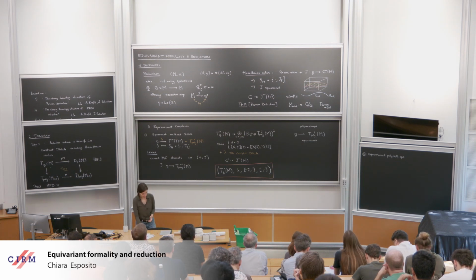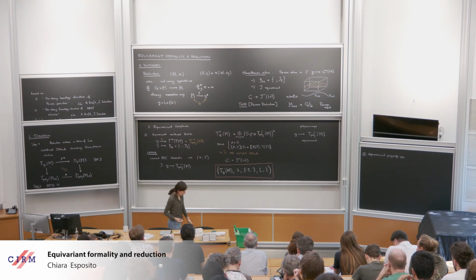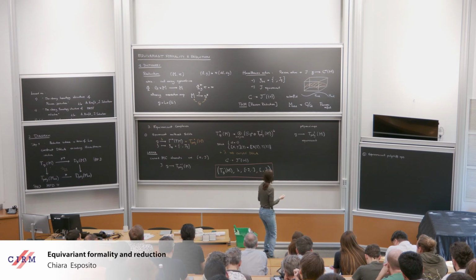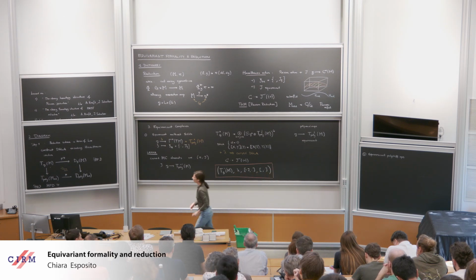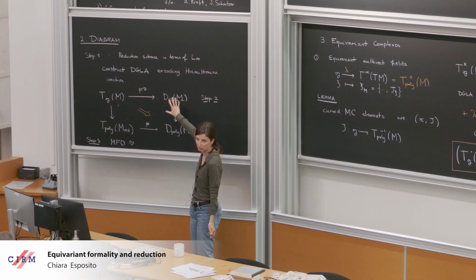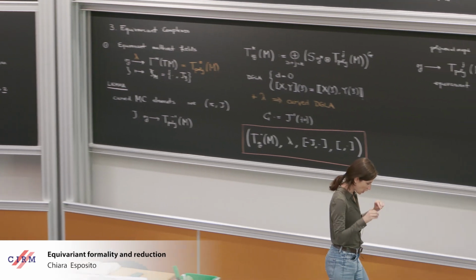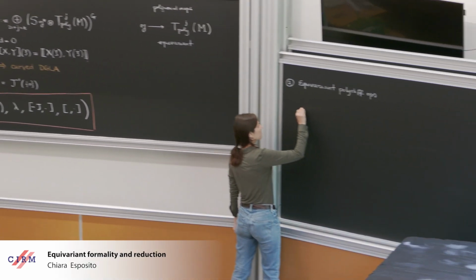The point is that I have to understand what I want to include in the complex. So we remember what I told you at the beginning: classical side, quantum side. Quantum side to me means star product. So what I want to inject in the DGLA is the following.